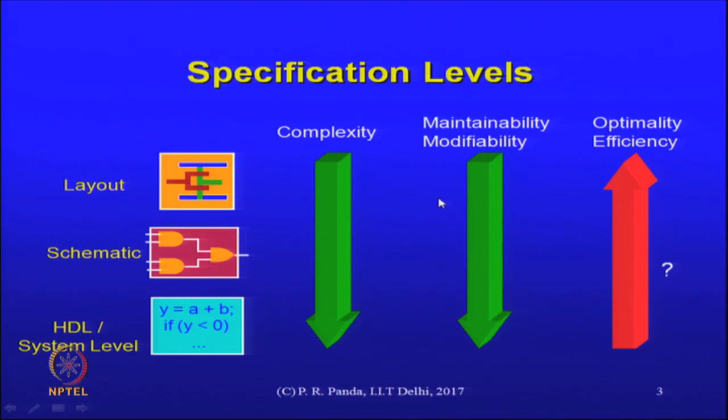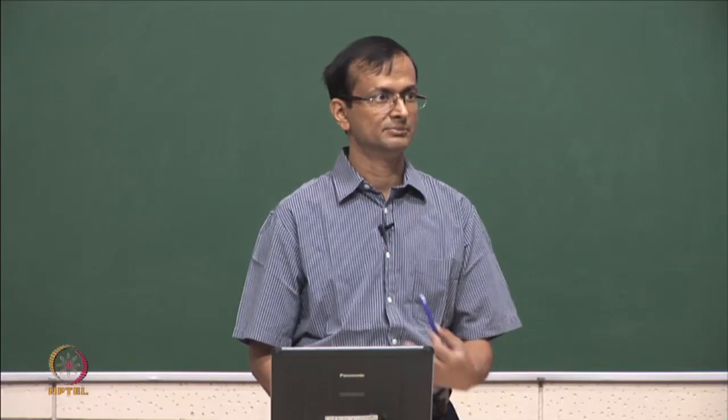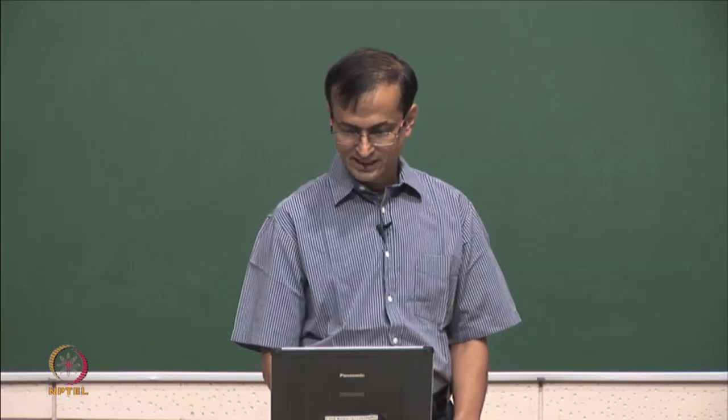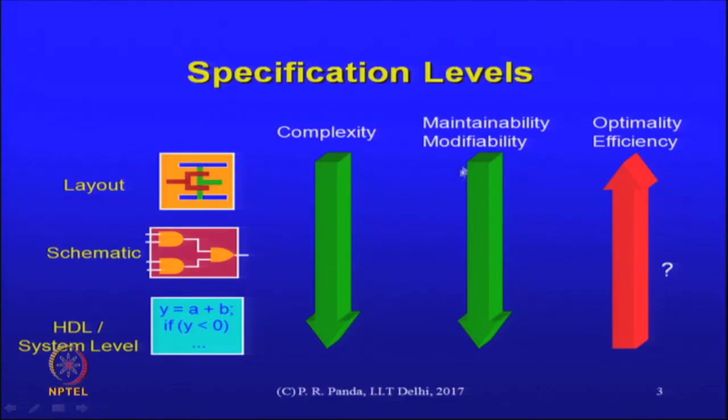There are other advantages to doing it this way. What about maintainability or modifiability of the designs? Somehow that is related to the number of objects that you are entering. So, if that number is small, then it is easier to maintain the system, modify the system, understand the system. So, that too would improve along with this transition of the specification capture level.